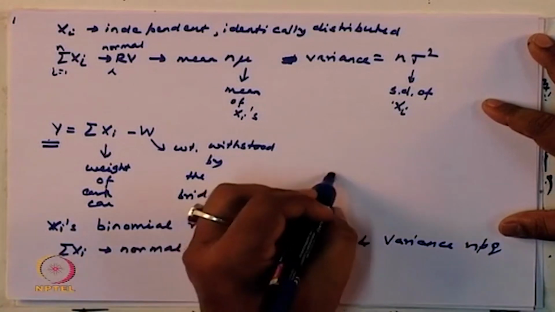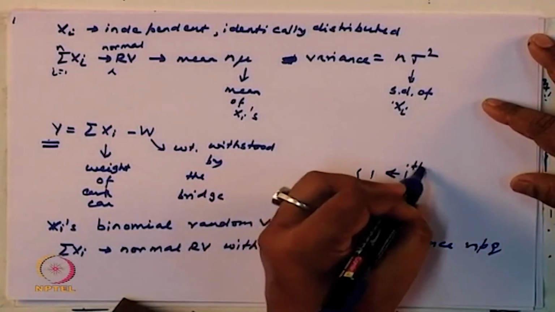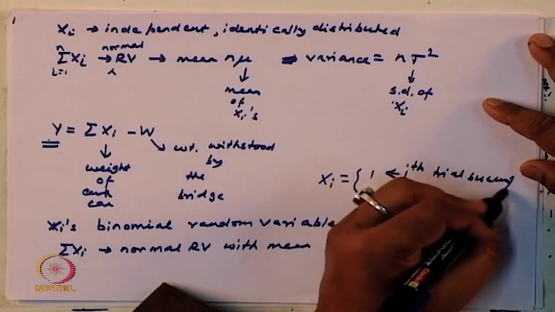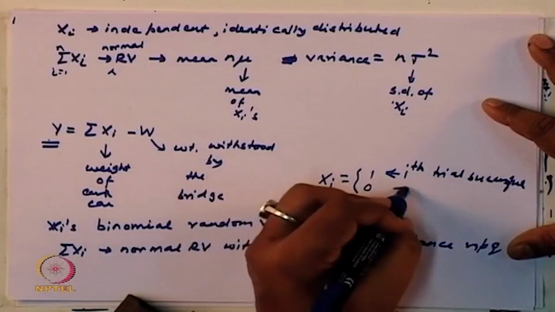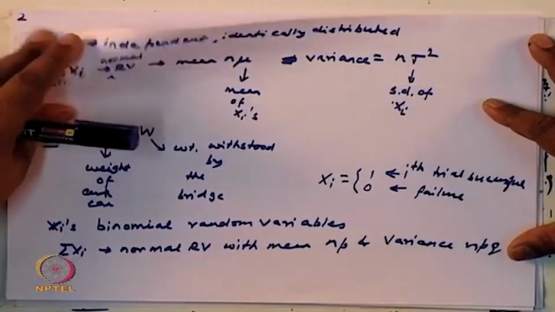So, we can define in this case xi is equal to 1 if the ith trial is successful, and 0 if it is a failure. So, let us see an example where we can make use of this concept of binomial random variable.